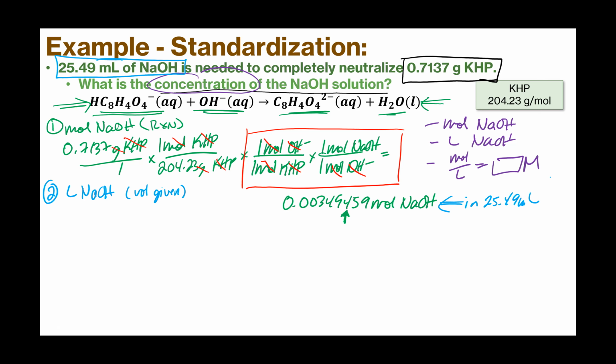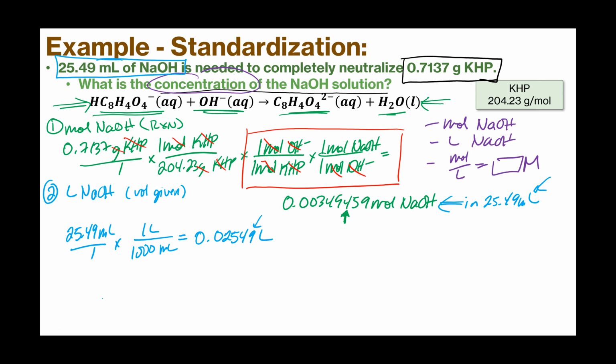Okay, so that's going to be the start for our problem. 25.49 milliliters. We don't need sodium hydroxide here. We don't need the label here because all we're doing is converting to liters, and we've done this a billion times. 0.02549 liters. This has 4 significant figures already, so we're good.